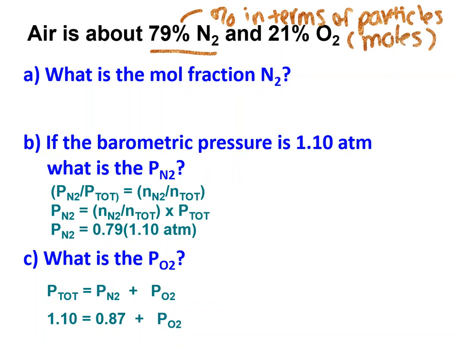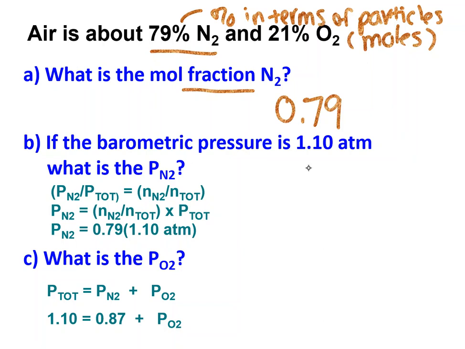So if the percent of the moles that are nitrogen is 79, then the mole fraction is 0.79. And the mole fraction does not have units.